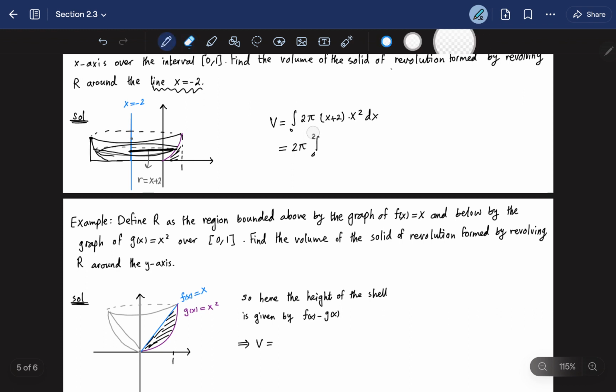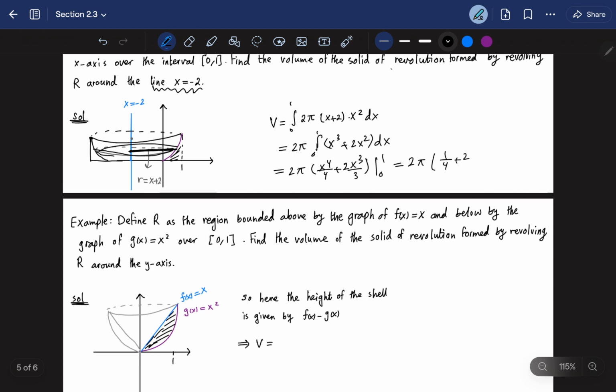Sorry, this is 1, not 2. So yeah, x cubed plus 2x squared dx, and just antiderivatives, and you find it easily from 0 to 1. So 1/4 plus 2/3 minus 0, and so on.